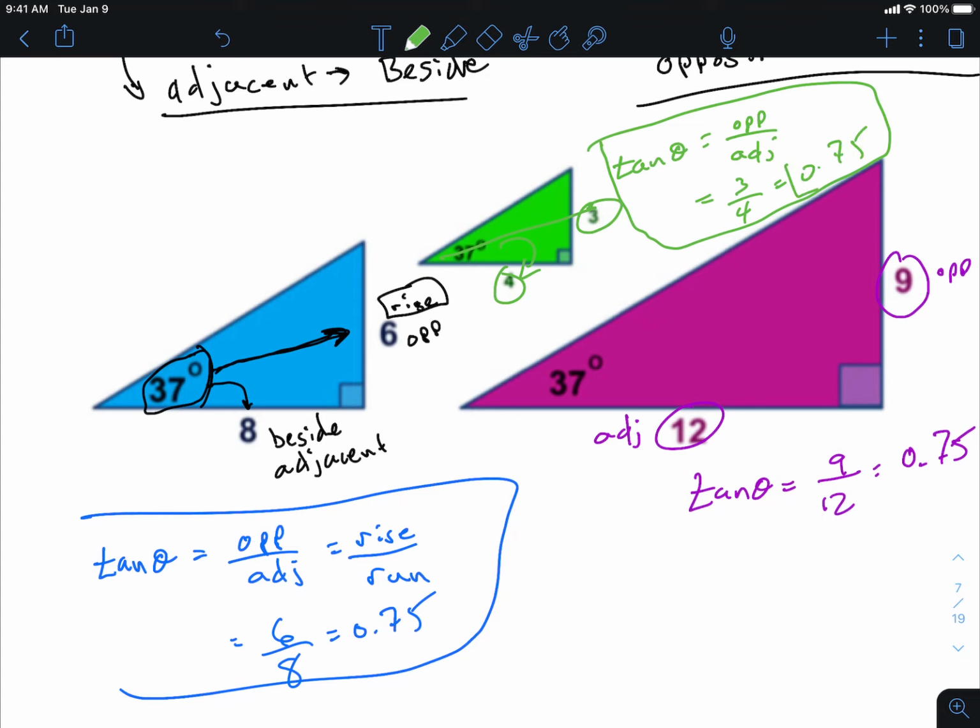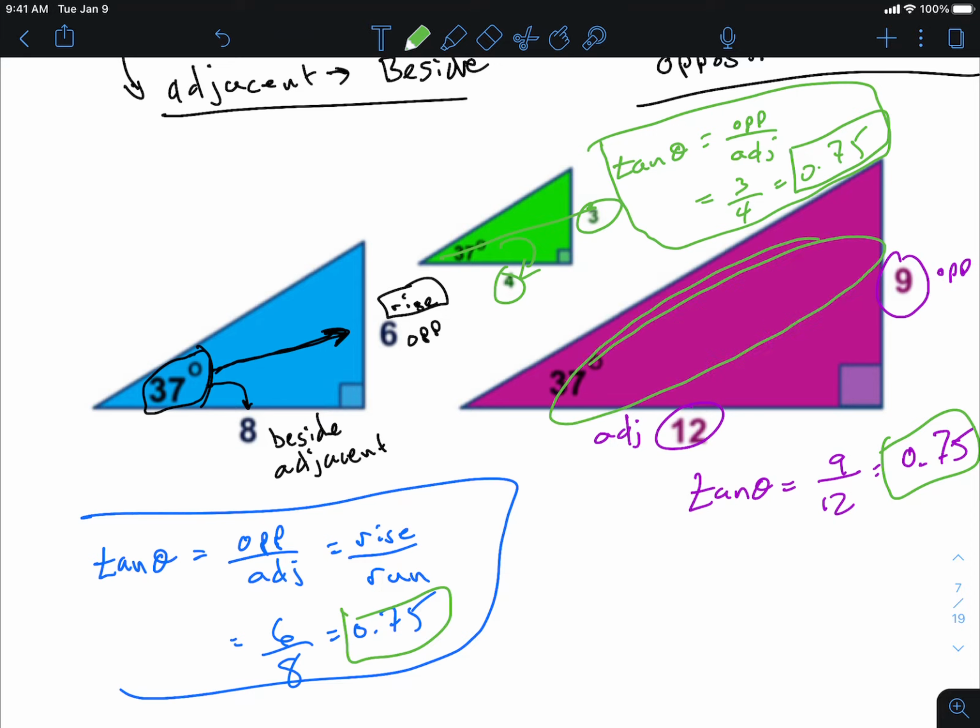Why? What is going on here? Why are all three of these the same? Why is this not steeper than the other ones? It's bigger. What's going on? Does anybody have any ideas? How would I have known that all three of these would have been the same right from the get-go?